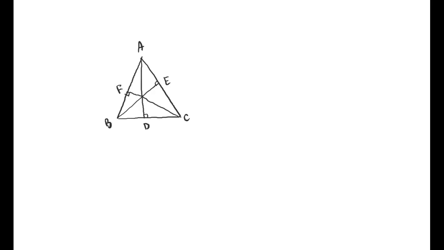Okay, so basically you can see that AFDC is cyclic since angle AFC and angle ADC are both 90 degrees. And similarly, you can show that BFEC and AEDB are cyclic.